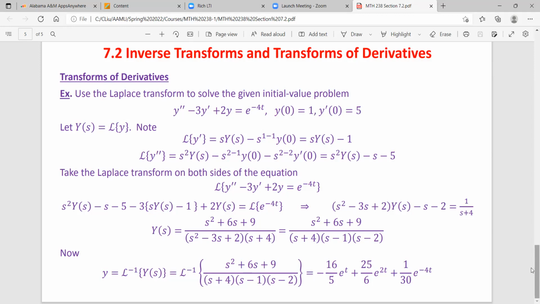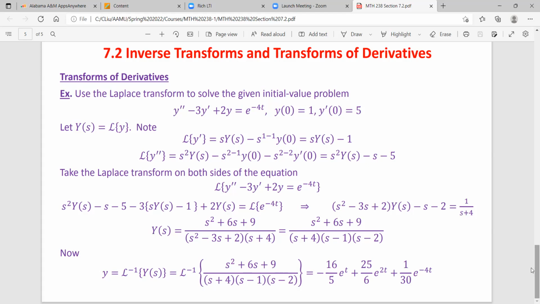Now we can take the Laplace transform of both sides of the differential equation to convert it into an algebraic equation. So we take the Laplace transform of each term on the left side and plug in the results we already got.